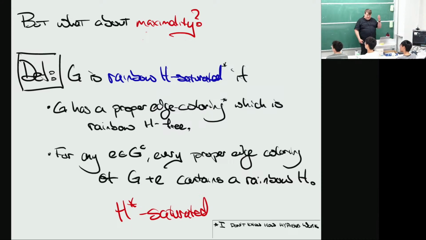Okay, so the graph itself can be colored avoiding H, but when you add an edge, you can no longer avoid H, no matter how you color it. And to avoid writing the word rainbow about 11,000 times in the next 40 minutes, I'm going to call these H star saturated. I have a version of these slides where all the stars are little tiny rainbows that I painfully drew in, but it turns out that that's basically impossible to read.